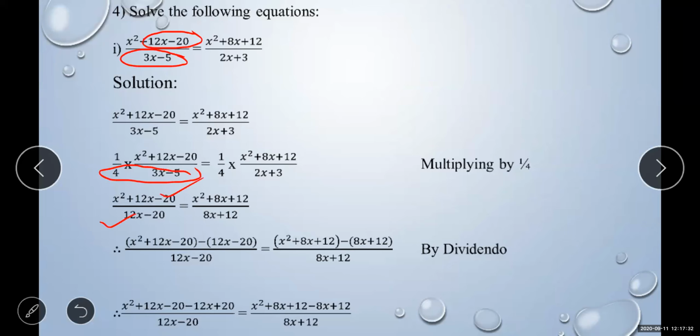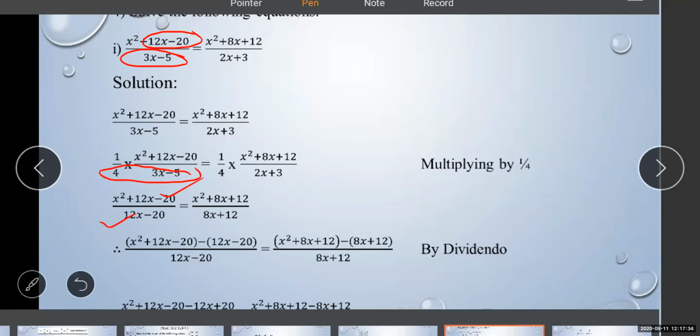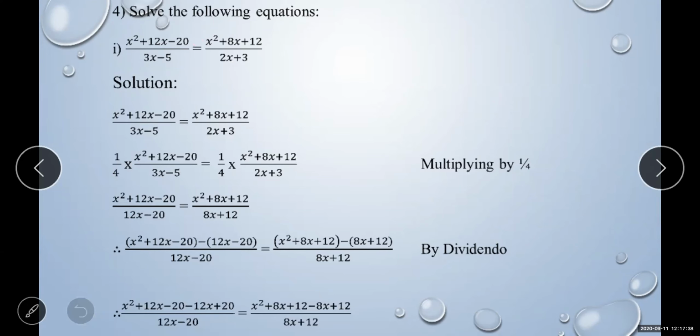Just look at the screen and concentrate. Now on the right, 2x plus 3. Suppose I am multiplying this denominator by 4. What will you get? 4 into 2x is 8x, 4 into 3 is 12. It will be the same. So the first step is multiplying by 1 upon 4.